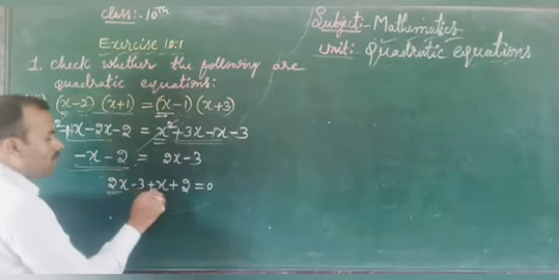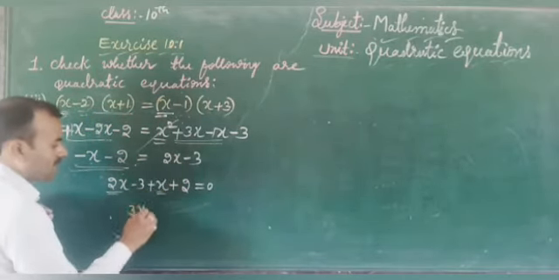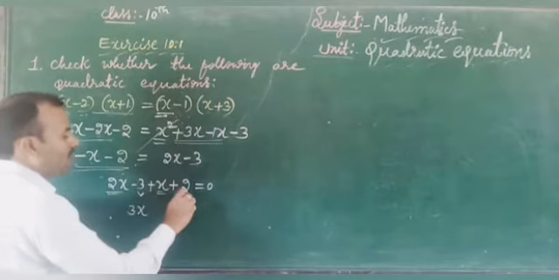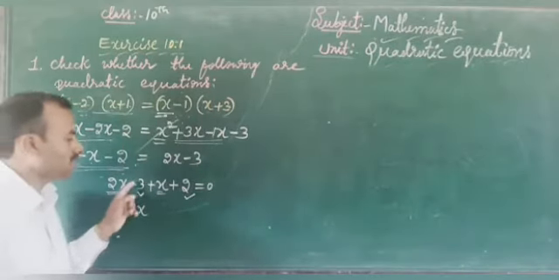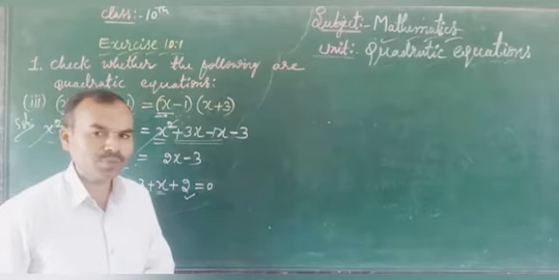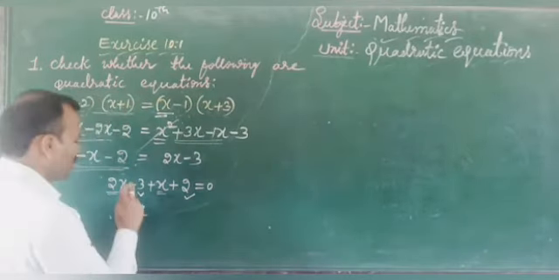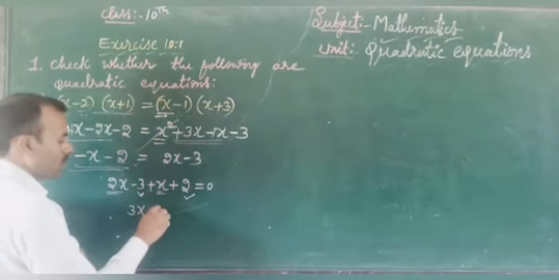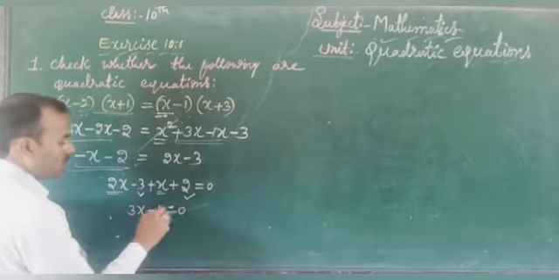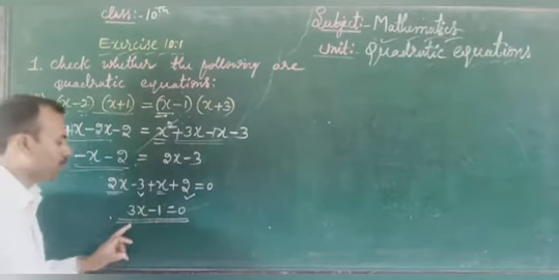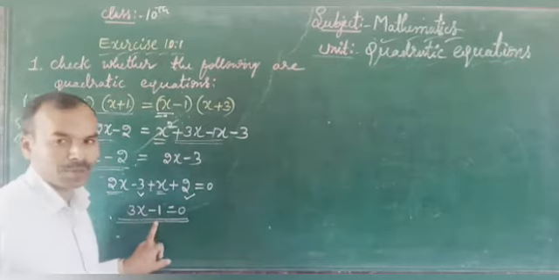So 2x plus x is 3x, minus 3 and plus 2, subtract these two, minus 3 plus 2 we get minus 1. The bigger term has negative, so minus 1. Just observe the equation: 3x minus 1.